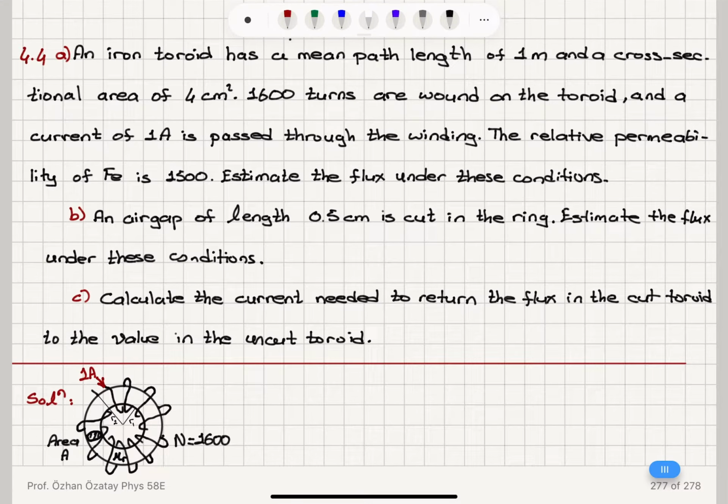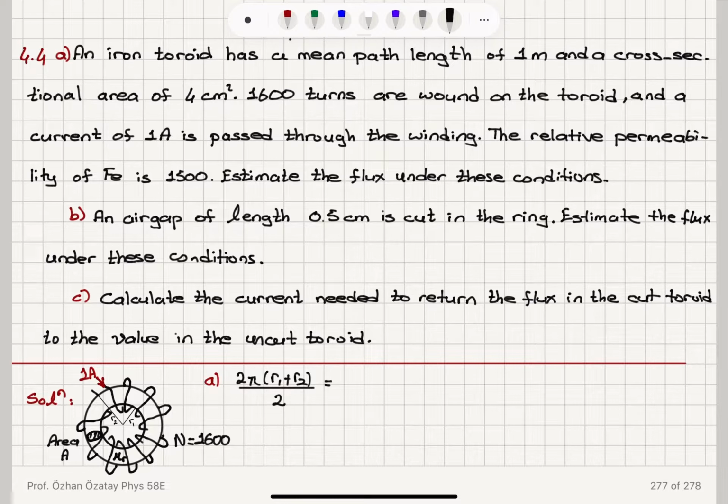Okay, so let's start in part A by noting the findings we have here. 2 pi times (r1 plus r2) divided by 2 is our mean path length.